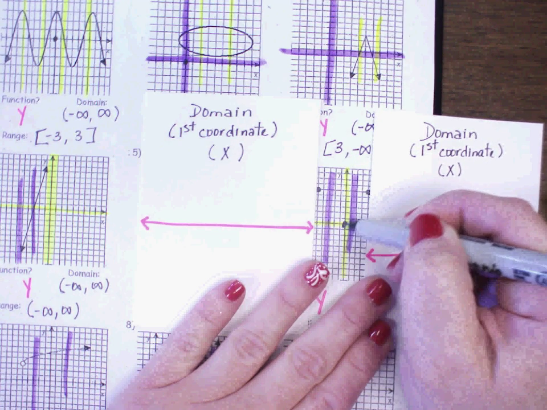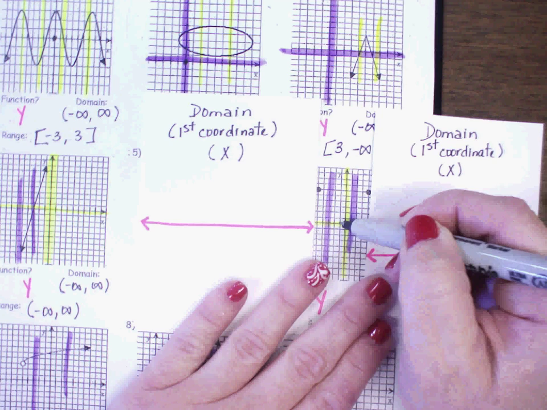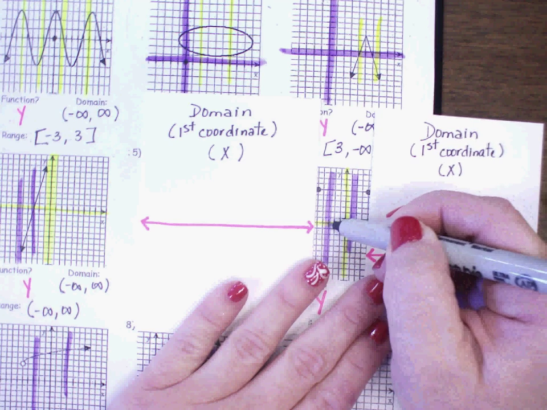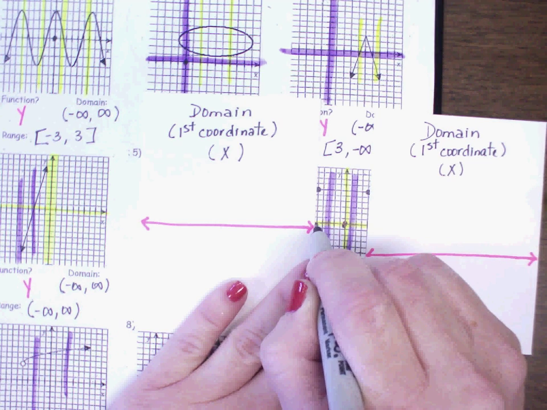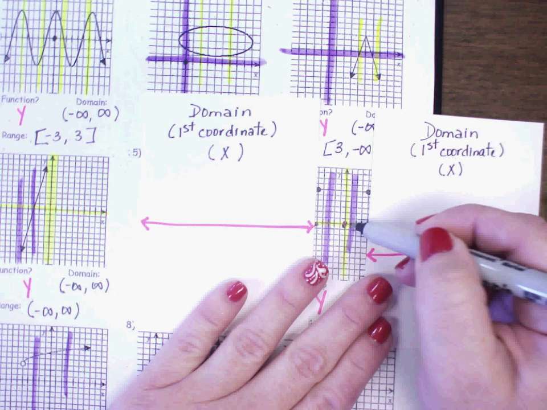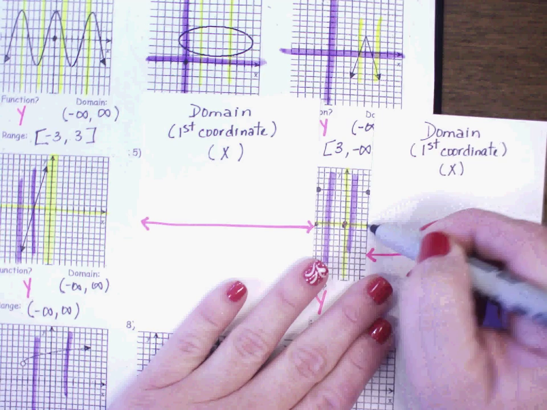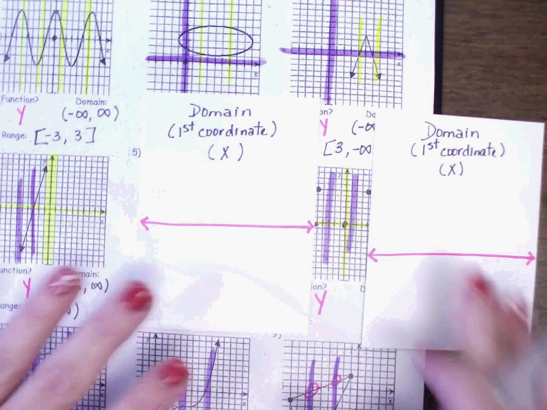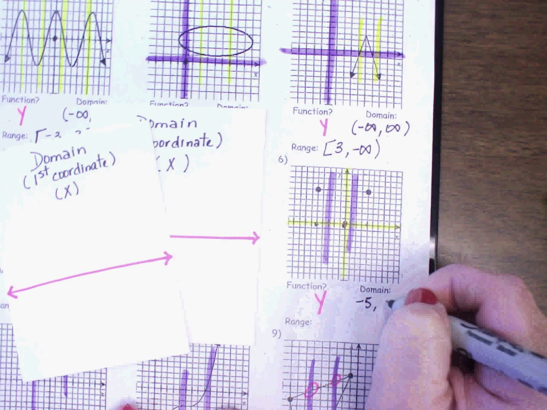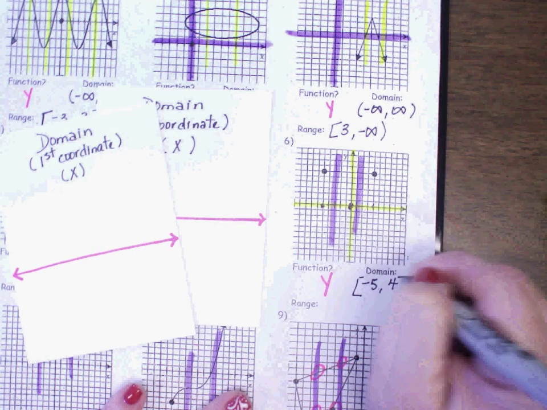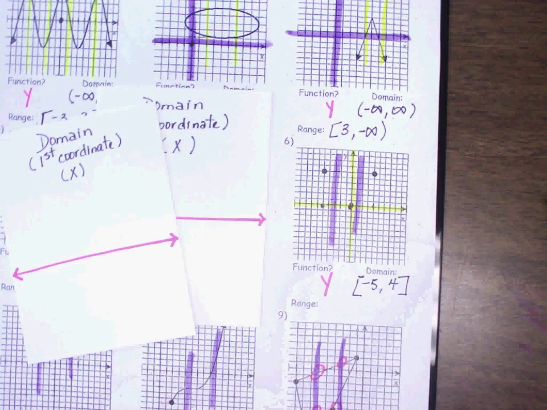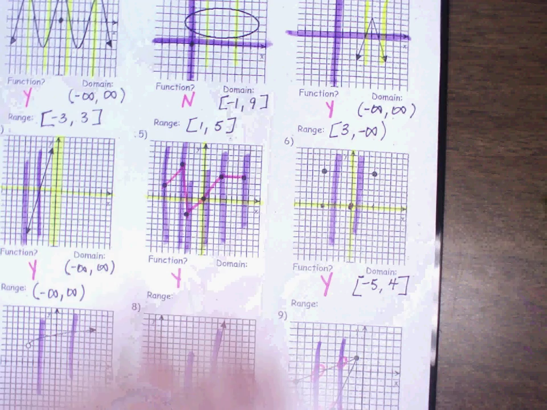This is 0. So 1, 2, 3, 4, negative 5, right? And then 1, 2, 3, and 4. So what's my domain? From negative 5 to 4, brackets or parentheses? Brackets on both because it includes it. Very good.